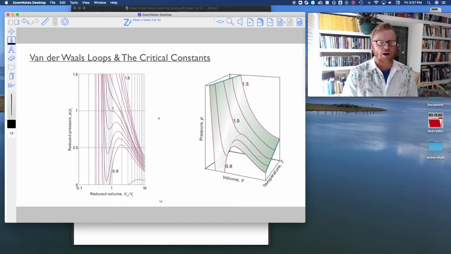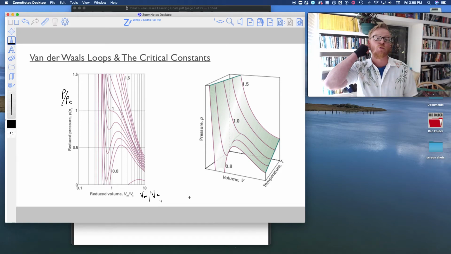These reduced variable spaces are really useful because you don't have to specify what the units or the axes are. So for example, here this is still P versus V, but instead this is P divided by P critical, and this is V, in this case actually Vm, divided by V critical.